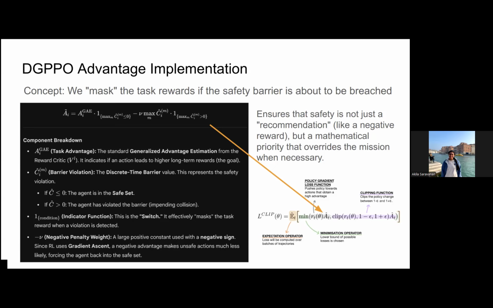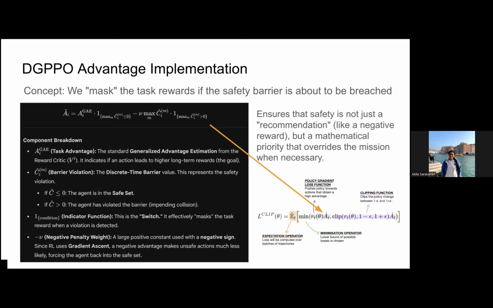So the first part activates when you're in the safe set, and A_GAE is just the calculated task advantage, the normal form of the advantage that we get from the reward critic, which is the top part. Then if we violate it, this becomes 0, and we only have this negative part.